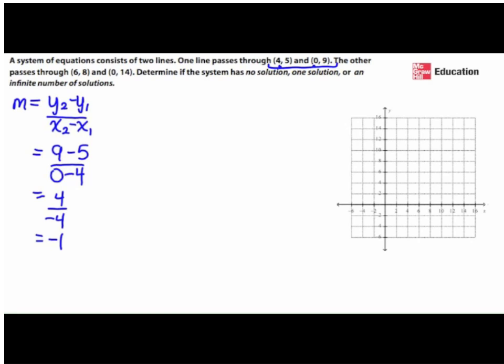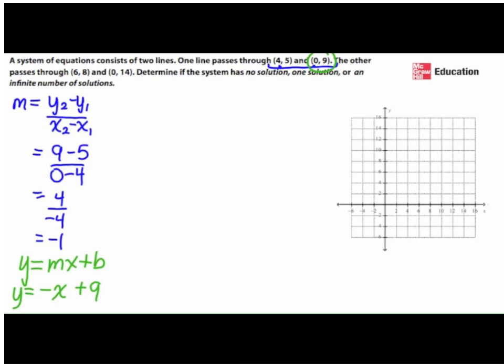So we have a couple options here. We'll go ahead and use y equals mx plus b, and choosing an ordered pair to use. Wow, this is convenient. 0, 9 is the y-intercept, so our equation will be y equals the slope, which is negative 1, times x plus the y-intercept.